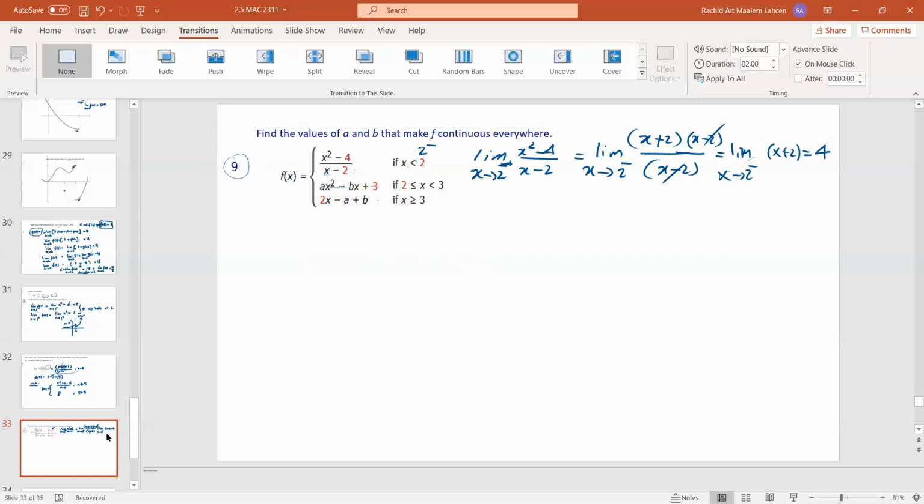So the left-hand side limit for this value of 2 is 4. We want the right-hand side value at 2 to be also 4.